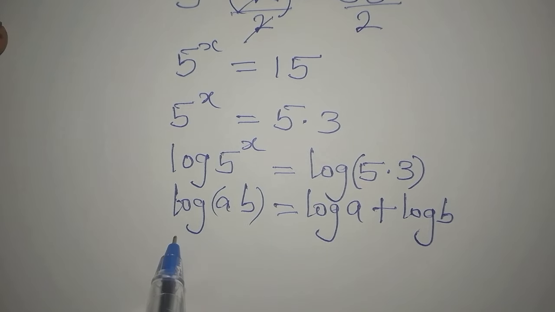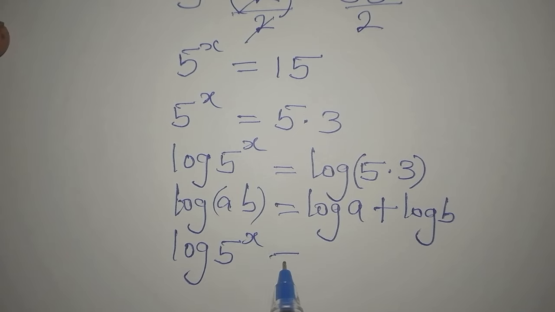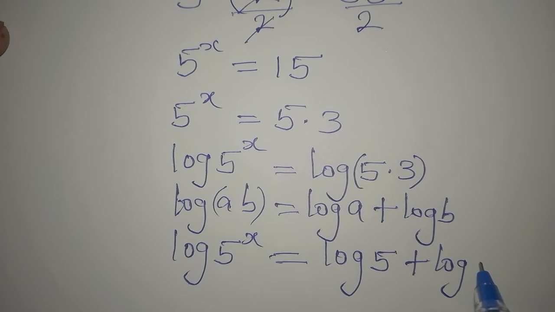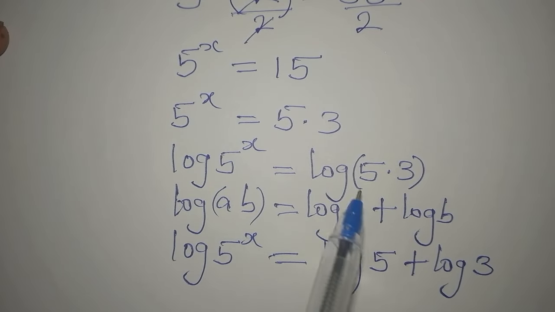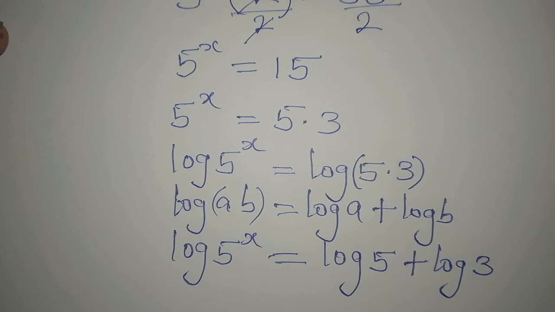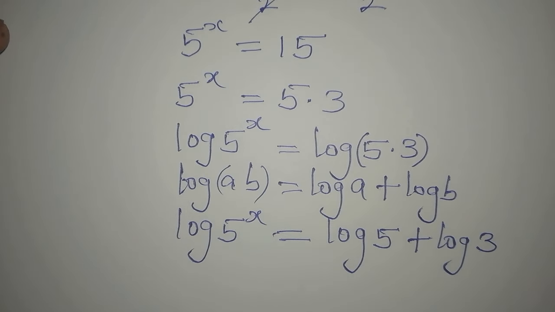So I'll have log 5 to the power of x being equal to log 5 plus log 3. Log 5 plus log 3. And this is to say that log 5 plus log 3 is not the same thing as log 15. Please take note of that.